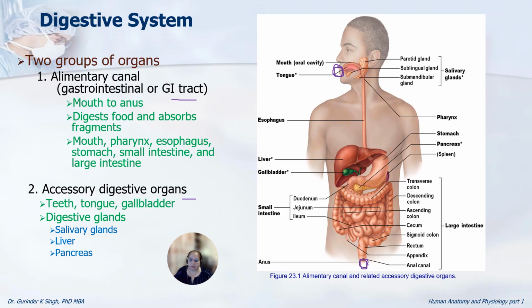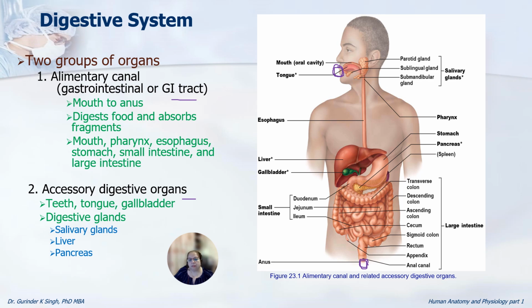The mouth is open and the anus is open too. So what is the major function of the digestive system? As I mentioned, its major function is to digest the food and then absorb the nutrients out of it, which we can then utilize to make ATP.